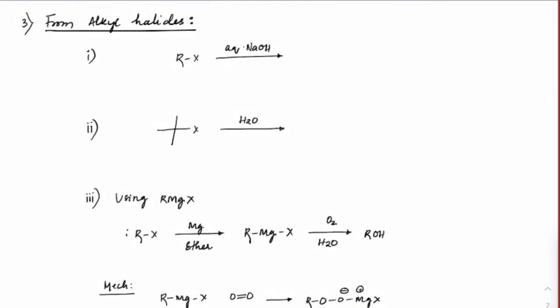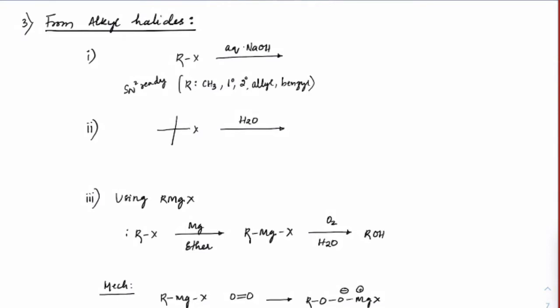Next, from alkyl halides. In case of alkyl halides, we have seen recently what happens if you have RX treated with NaOH. It will give alcohols by SN2 mechanism. So that means this R should be SN2 ready. Let me revise what that R should be. It should be methyl, 1 degree, or maybe even 2 degrees, allyl, benzyl.